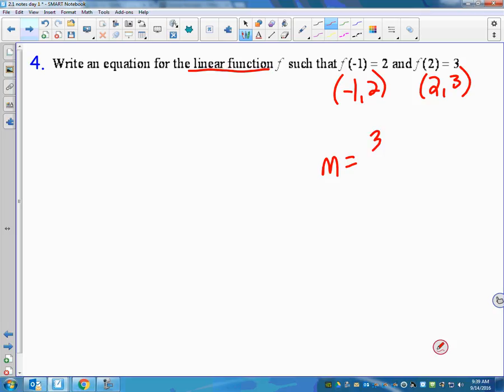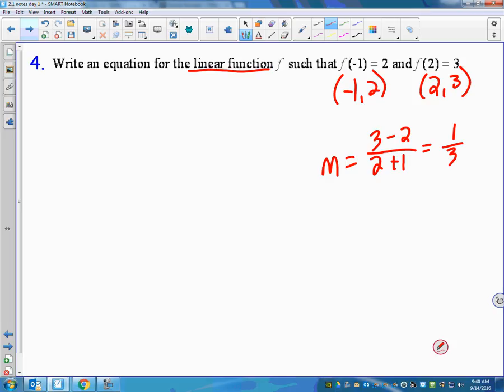The y is the rise. So 3 minus 2 over 2 minus negative 1 gives me a slope of 1/3.